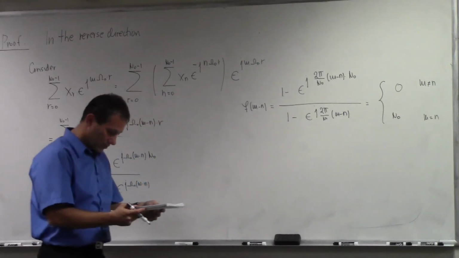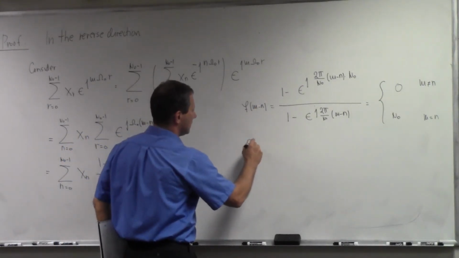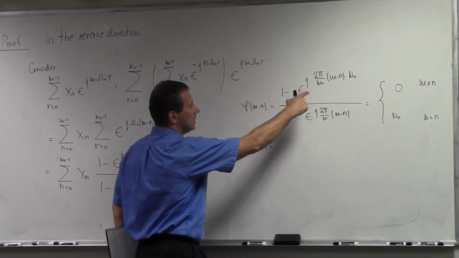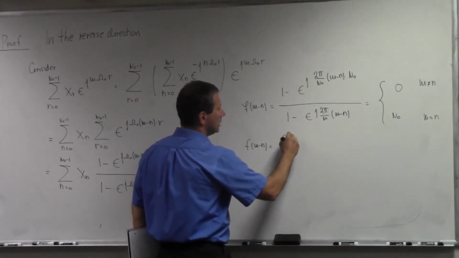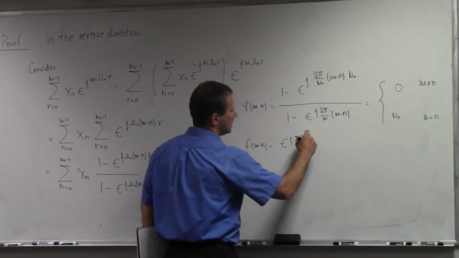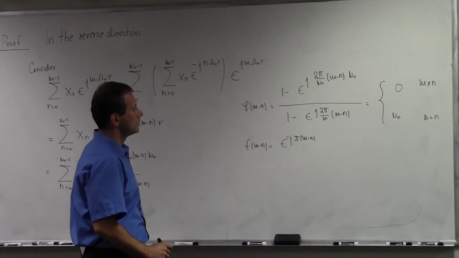Let me see, do I even show that? No. But I can say something like this. f of m minus n is equal, let me do this, let me pull e to the j pi (m minus n) as a common factor, minus j pi as a common factor.